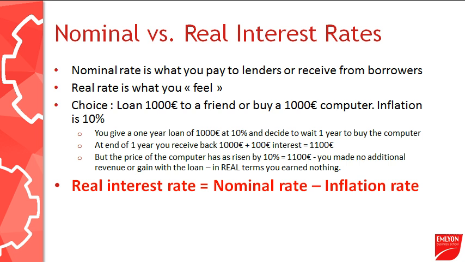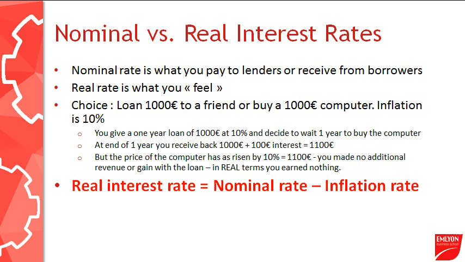So you would receive back 1,100 euros. But remember, inflation is 10%. So the price of the computer that you wanted to buy is now 1,100. Prices have risen because of 10% inflation.